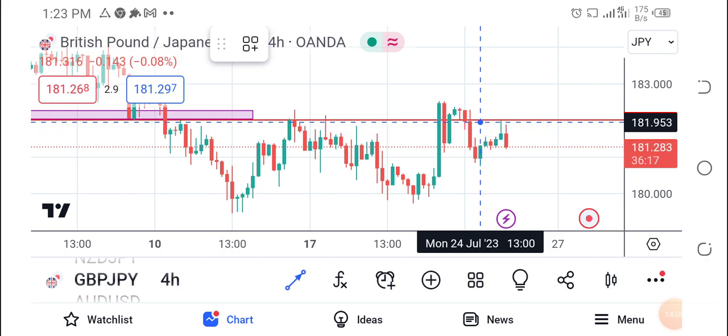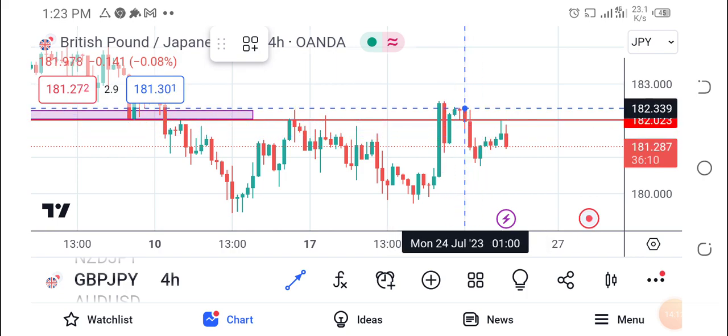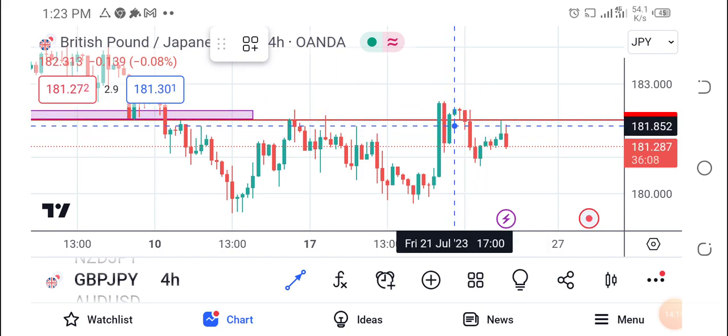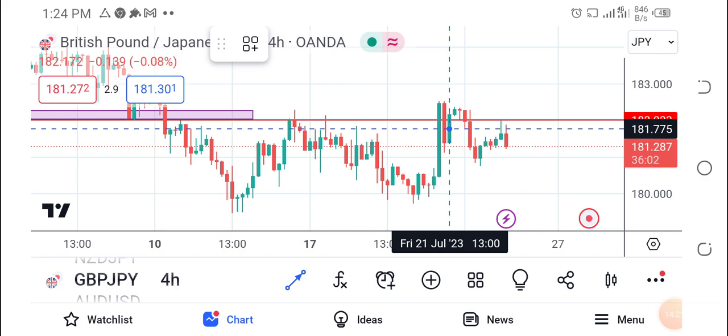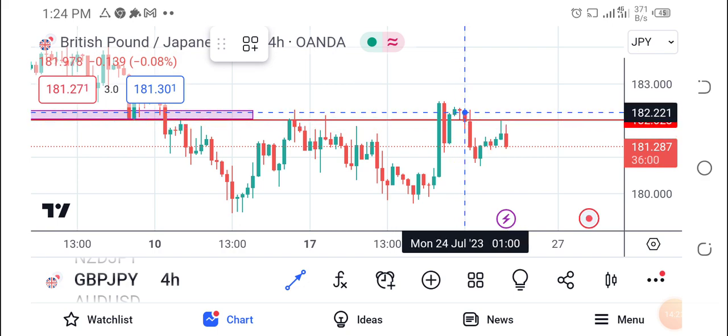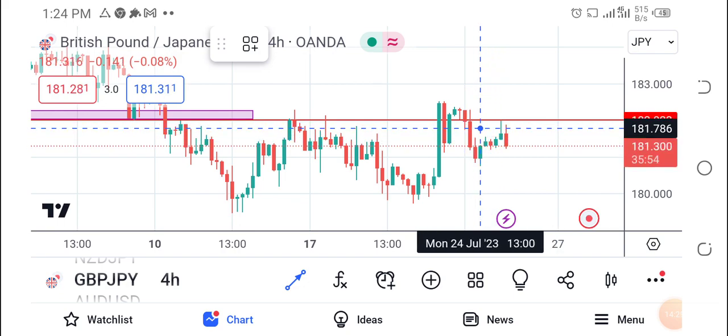And besides, it's also forming another pattern of lower highs and lower lows. The behavior of the market is such that it tends to go up, but then the sellers have pushed it down further, forming another pattern of lower high and lower low.